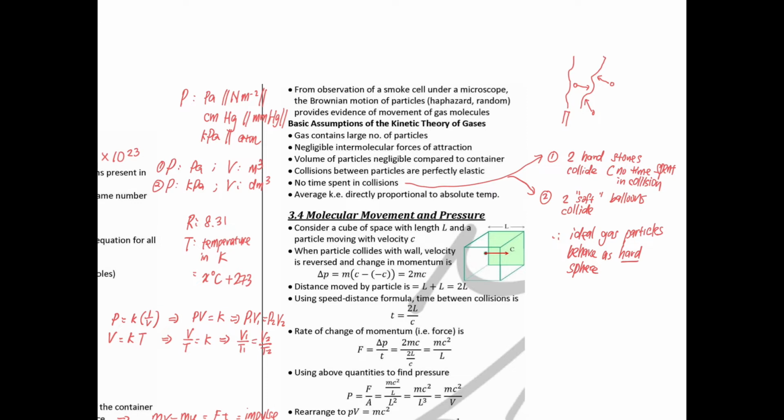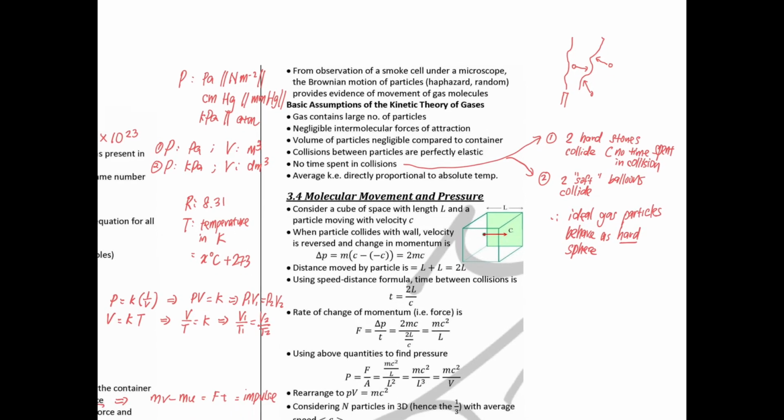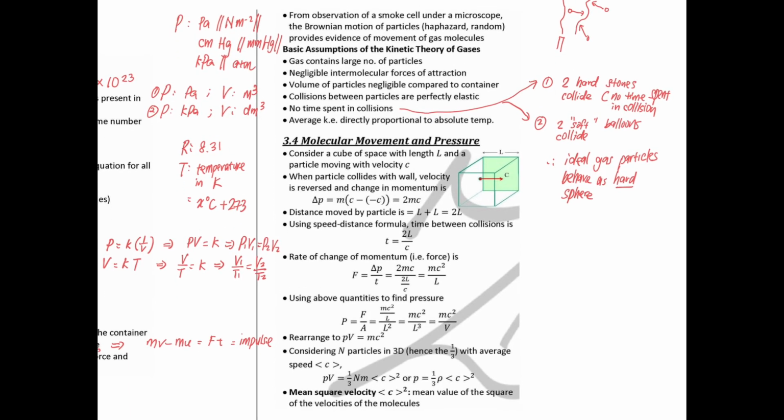So let's move on. 3.4. 3.4 is molecular movement and pressure. So this part is deriving of formula, which is a bit hard actually. Okay, now let's see how we derive. Consider a cube of space with length L and a particle moving with velocity c.